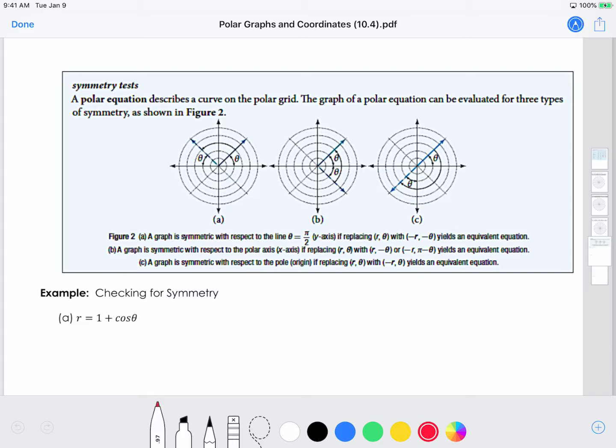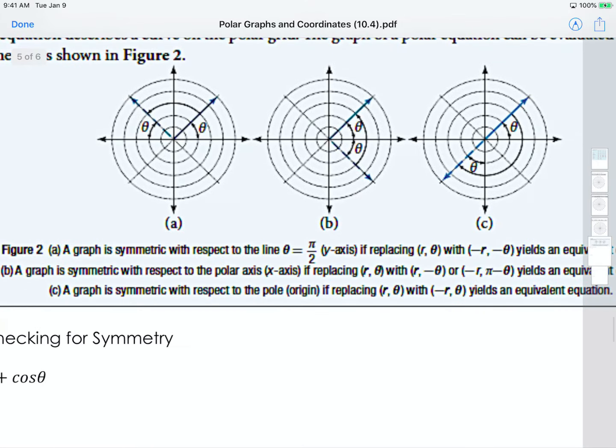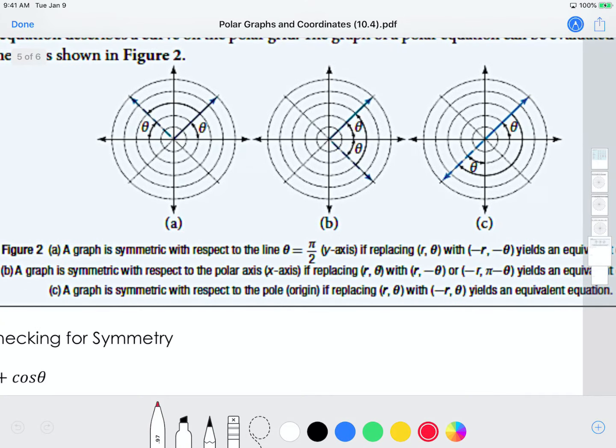There's a test to check for symmetry with respect to the line theta is equal to pi over 2. And that is basically the axis that we think of as the y-axis. So in figure A, we're looking at this line right here.